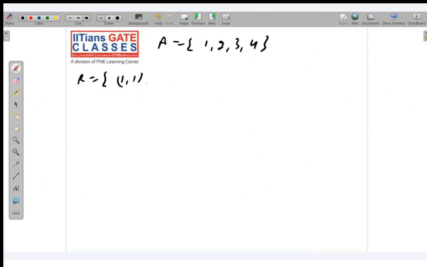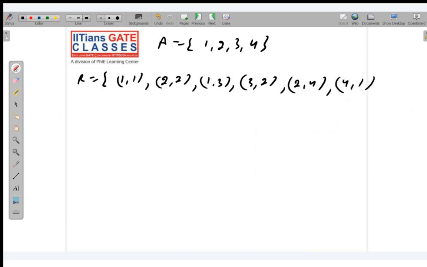Relation R is (1,1), (2,2), (1,3), (3,2), (2,4), (4,1). Self loops will not create a problem, but for the others, (1,3), (3,2), you will add (1,2). Then (3,2), (2,4), so we will add (3,4). But the problem is that when we have added (1,2), that will create a problem with (2,4). (1,4) also we have to add.